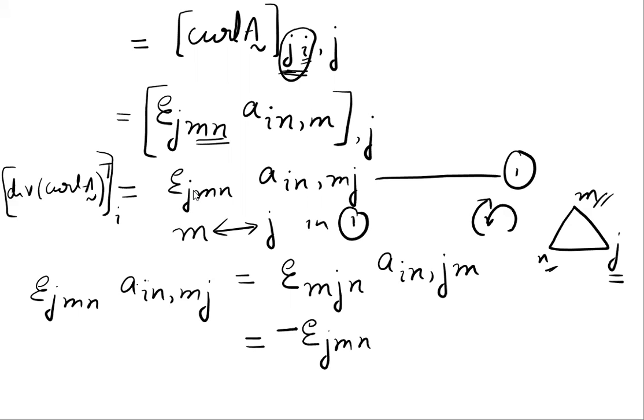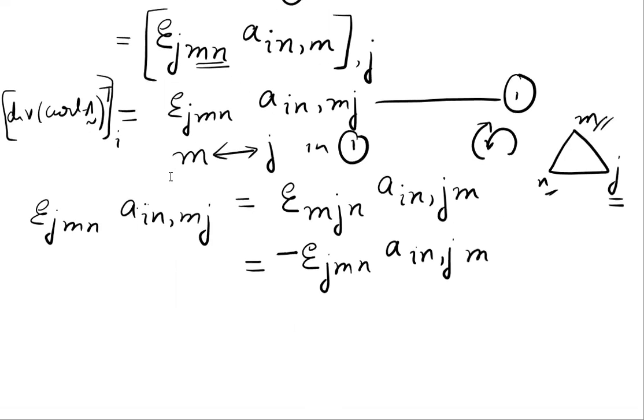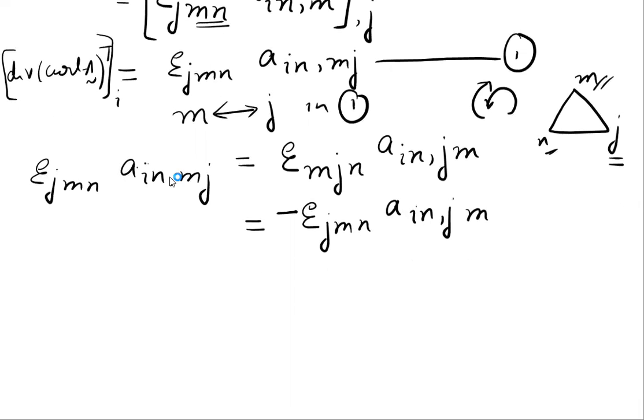The remaining as it is: a in comma jn. That is equal to minus epsilon jmn, a in as it is, comma, after comma we have j and m in the previous step.